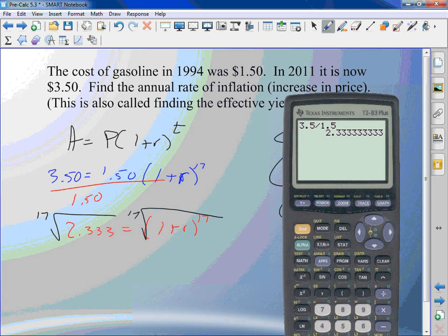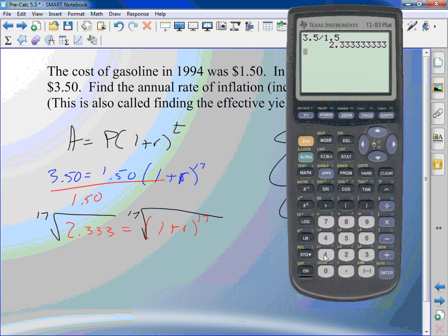Now, the fastest way to do a 17th root on this calculator: 17, math, 5. That says the 17th root of, and I'm just going to go second, negative. And it just says ANS. What that means is it's going to put in the 2.3333333.